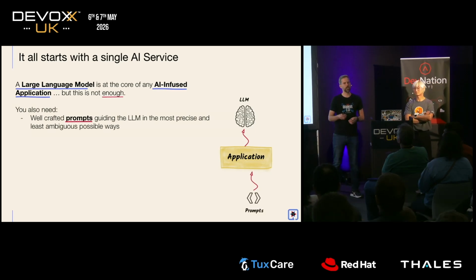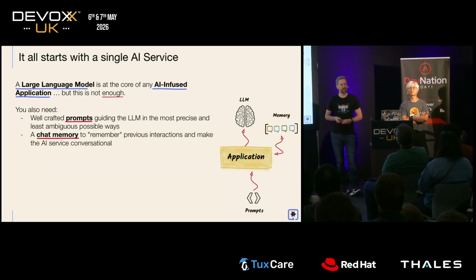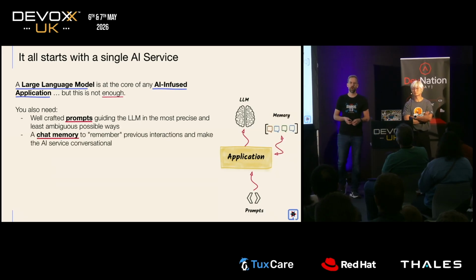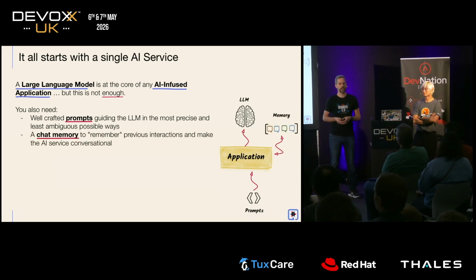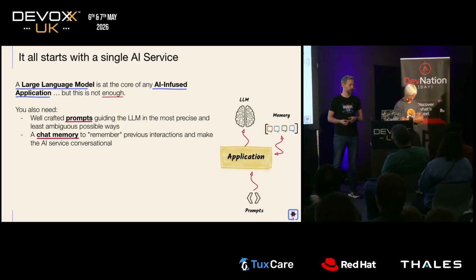But you need to make sure, of course, that you write a proper prompt, because otherwise the model is not going to get you what you want. So you want to craft a good prompt. I'm sure everybody has some experience with that by now. And then you also need to think of a couple more things when you want to integrate AI into your application. One of those is memory, because LLMs and inference servers by default are stateless.